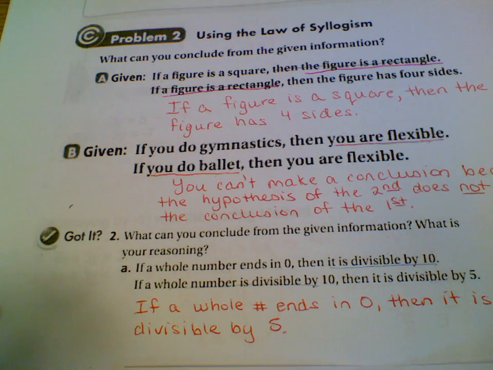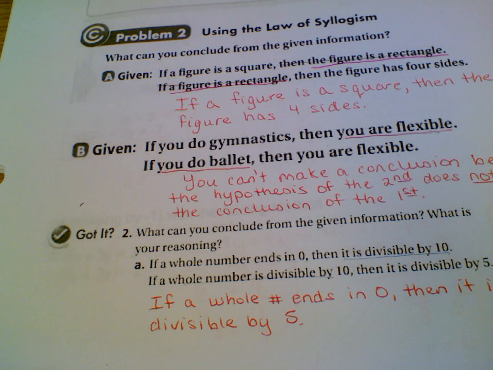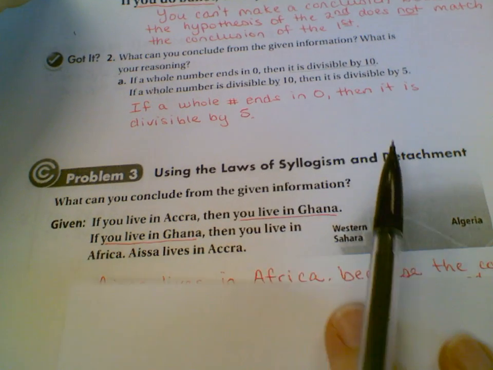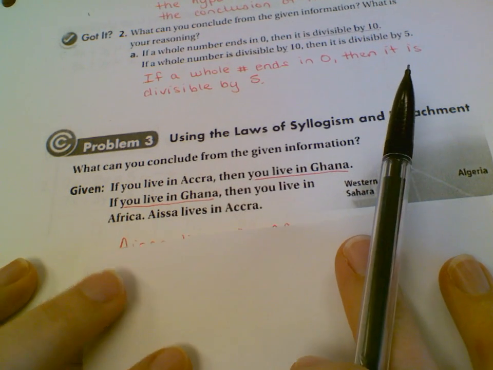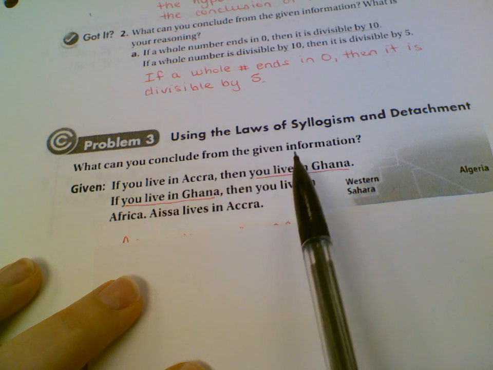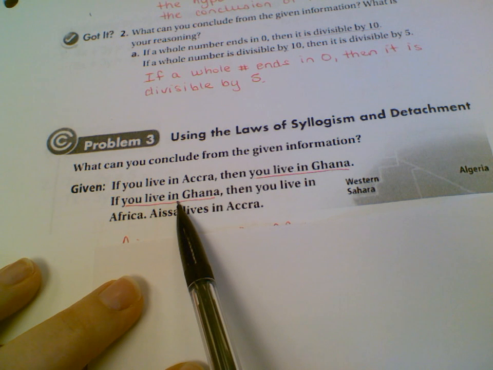Now there are some problems where you can do them together. So for example, if you live in Accra, then you live in Ghana. If you live in Ghana, then you live in Africa. Asa lives in Accra. So what that's saying is you can do both pieces at the same time. So since I have you live in Ghana in the conclusion of the first, it matches the hypothesis of the second.